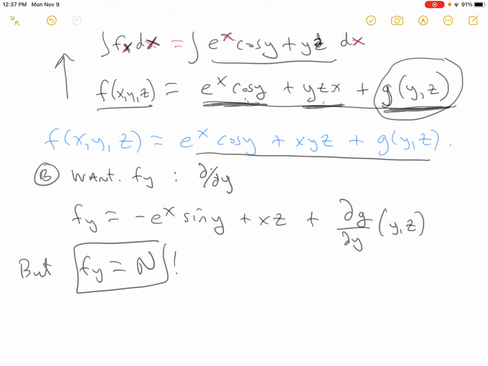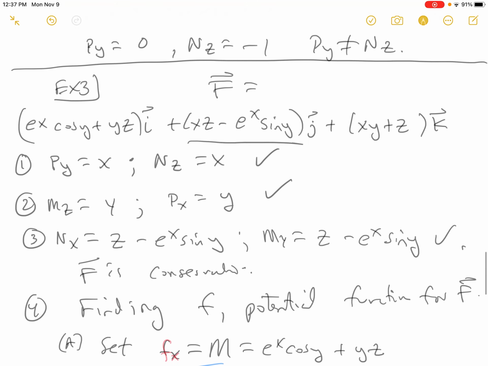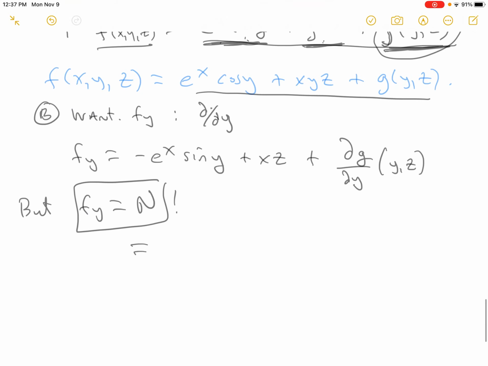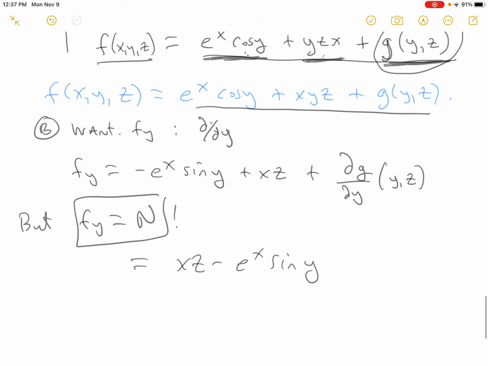Okay, and so what we have is that this line above here, minus e to the x sine y plus xz, equals N. And what's N? N is this guy, x to the z minus e to the x sine y. Make sure I get that right. So, okay, this guy equals this, and this equals that.